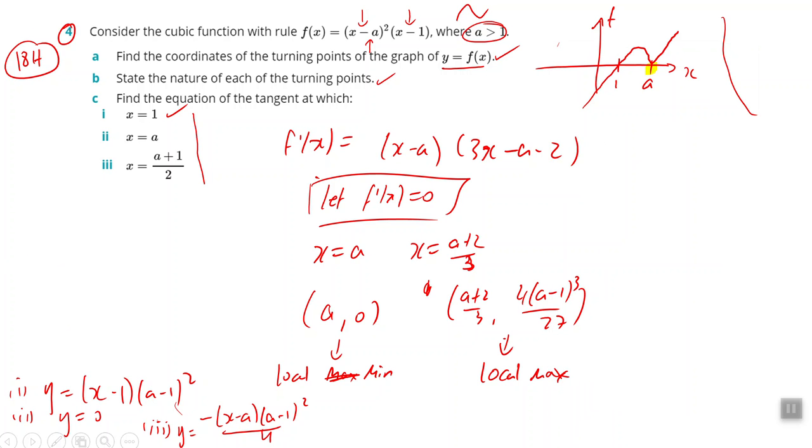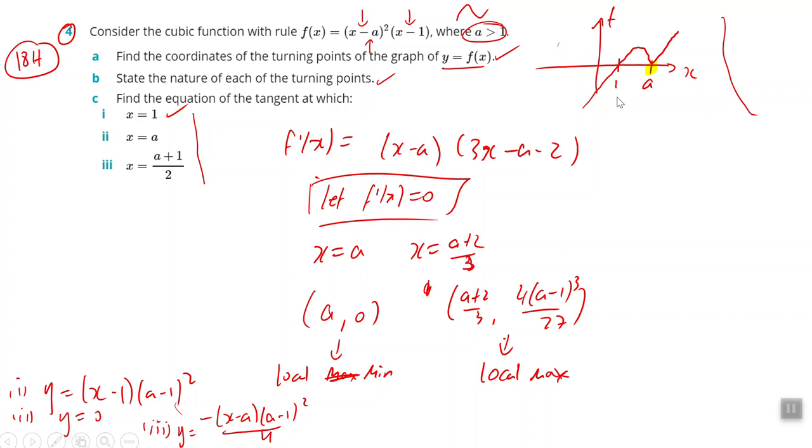This question is a bit tricky because we've got a parameter, but like I said, you can treat parameters as if they're normal numbers and sub things in to get your corresponding minimums and maximums. To state the nature, you just simply draw the original graph.